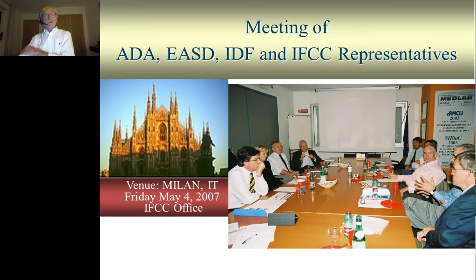So with calibration and standardization of results, how are we going to report these results worldwide? Well, in 2007, the American Diabetes Association, the European Association to Study Diabetes, the International Diabetes Federation, and the IFCC met to discuss how to report hemoglobin A1c results.